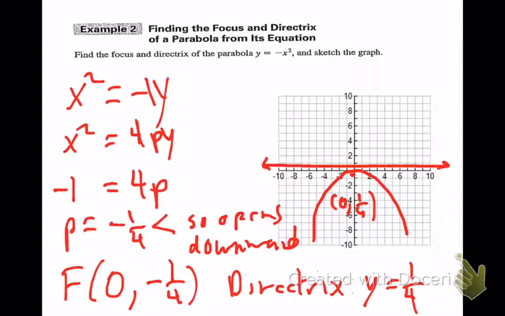So that's what your parabola looks like. You should put arrows on the end of the parabola because it keeps going. All right. Any questions? Everybody have it? Okay, now, parabolas can open right and left as well.